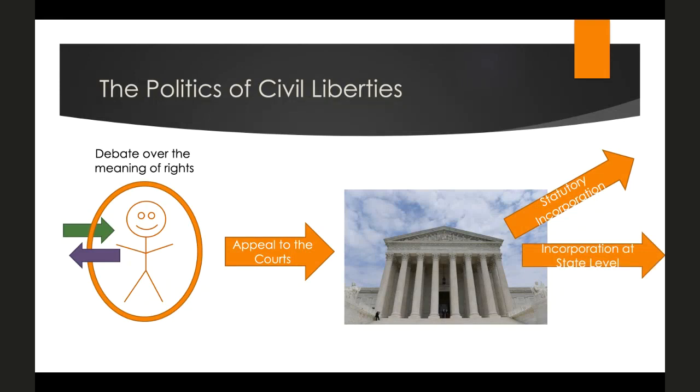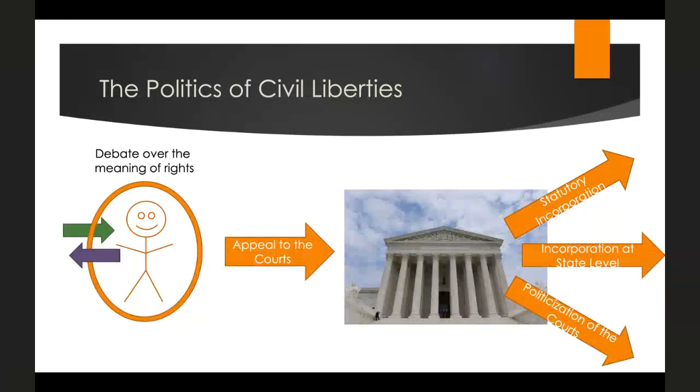There's also incorporation at the state level. When we talk about Brown versus Board of Education next week, when we talk about civil liberties, many states actually resisted the institutionalization of desegregation. They tried to maintain segregated schools despite the Supreme Court ruling that segregated school systems were unconstitutional. So you have different incorporation at the state level.